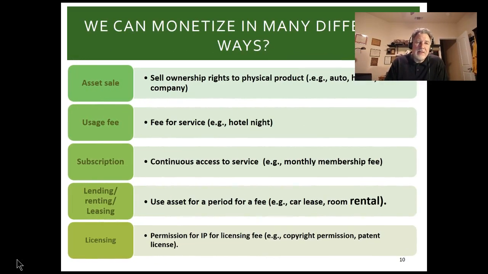Okay, we went through this. So selling an asset, which is the ownership rights to a physical property, house, auto, company; usage being fee for service like a hotel night; subscription being continuous access service. We see this with a lot of online products such as Adobe now.